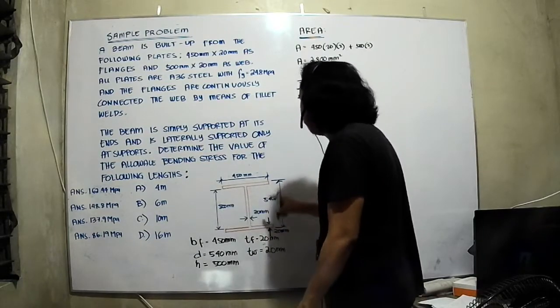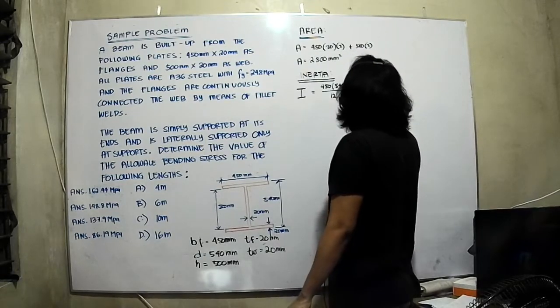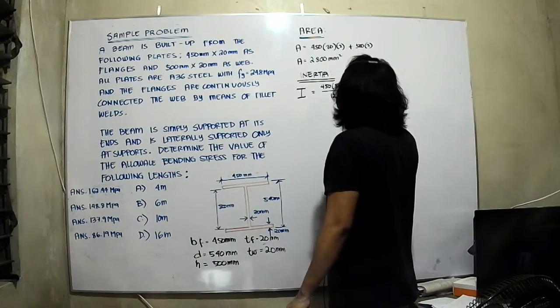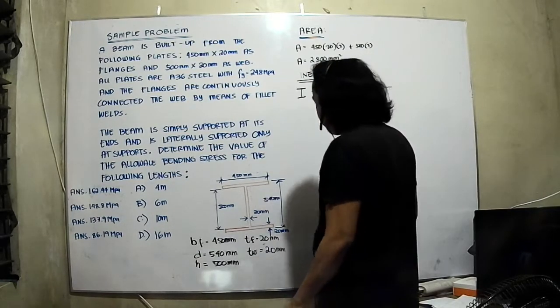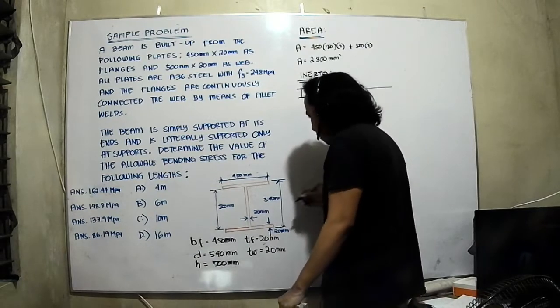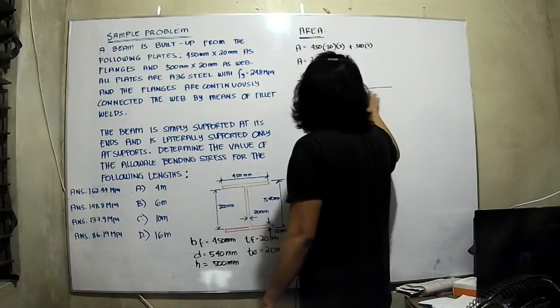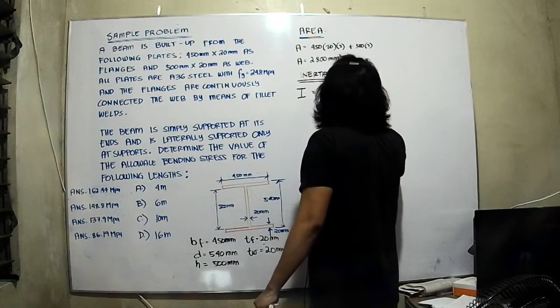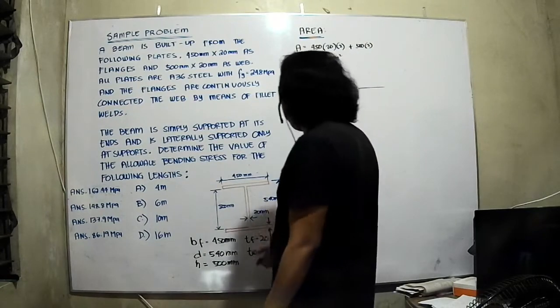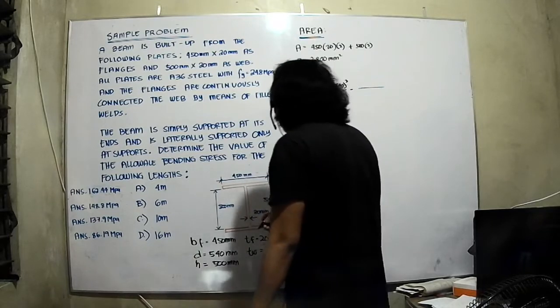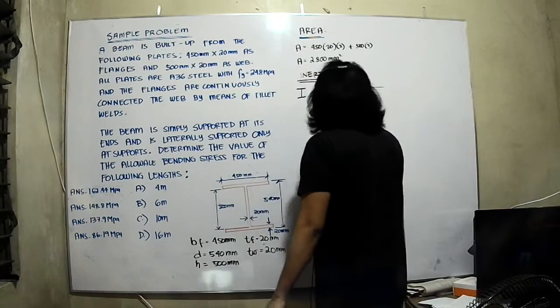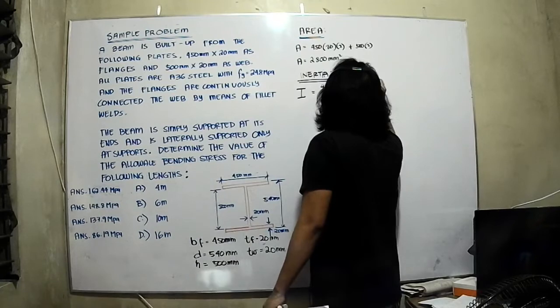Two voids, right? So 2 times, or it could be just one whole, but to take into account, 450 minus 20, that is equal to 430.